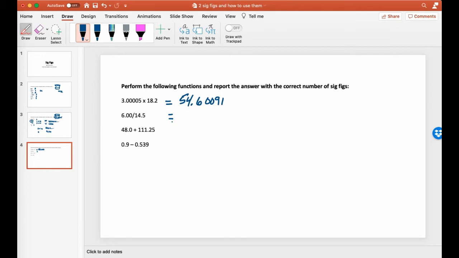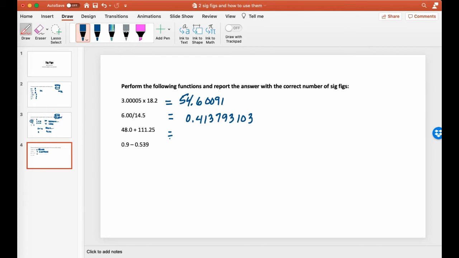6.00, this is divided by 14.5. All right, in the calculator we see 0.413793.103. Now, if you have less or more numbers, it just means your calculator is set to display less or more digits. But you should have basically this value here.